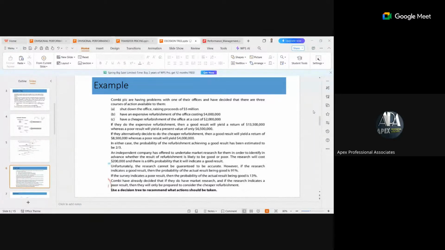But the two decisions you have to make will be cheap and shut down. There will be no expensive, because it's already stated clearly that if the research indicates poor results, then they will only be prepared to consider the cheaper refurbishment. So they have the option of choosing between the cheap refurbishment or to shut down. So expensive, this choice will not be available.